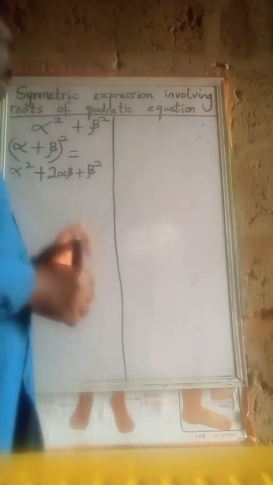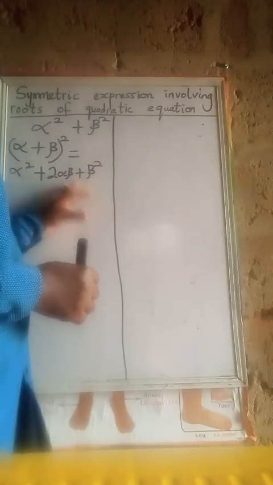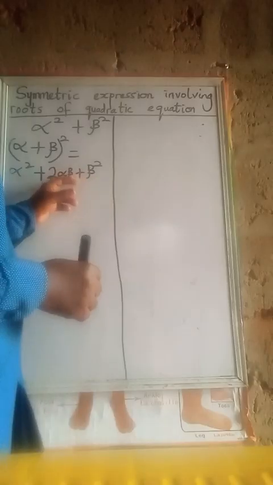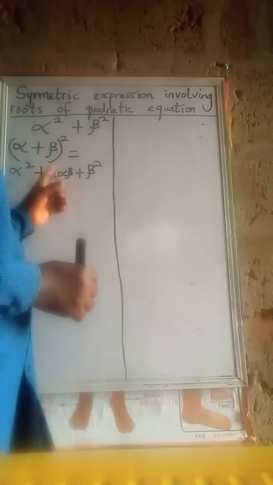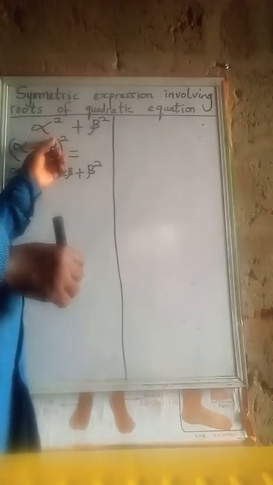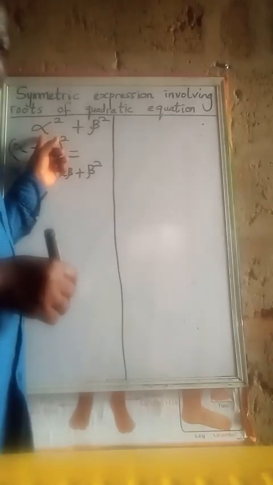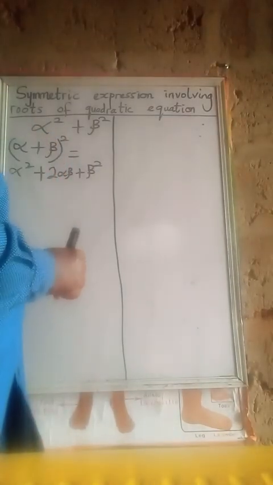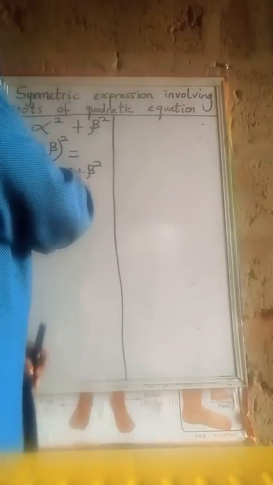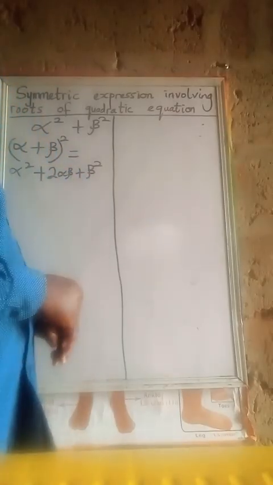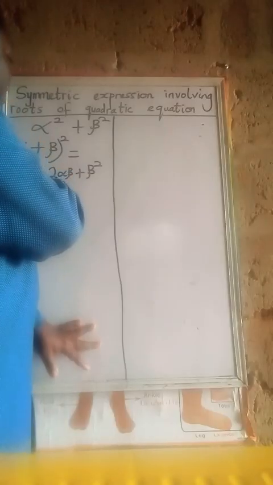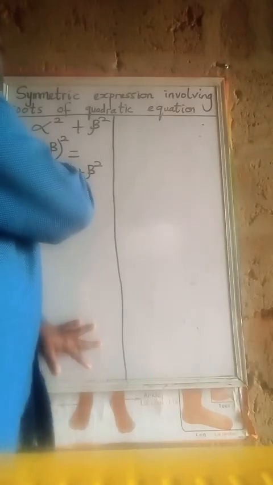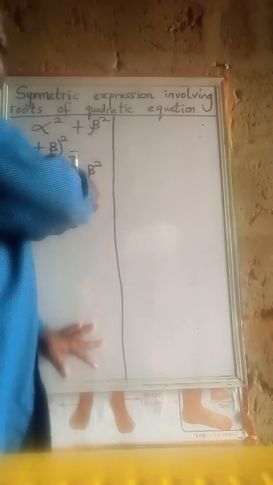Now, if you can see this expansion, alpha square plus beta square can be made the subject of the formula from this parent expression, as I've said. So in order to do that, we are going to subtract 2 alpha beta from this side and from this side.